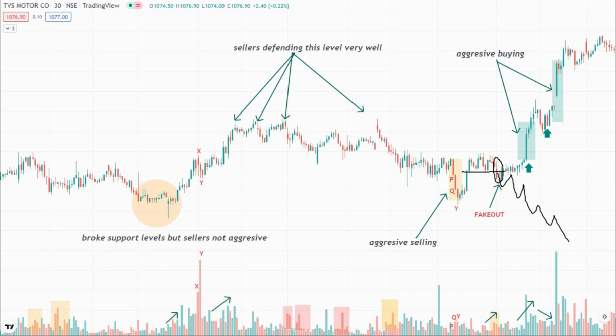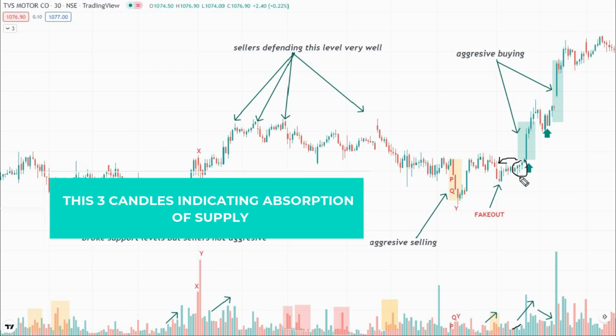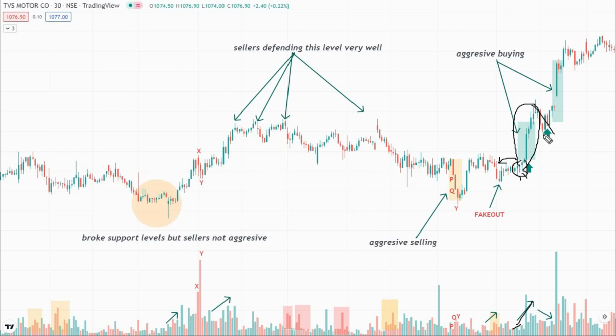Okay, but again buyers are stepping in, and with a slight increase in volume, they are absorbing the supply which is present here, and they are making rejection of lower prices. So then again we see a strong buying pressure with increase in volume, pullback on lower volume, and then continued the upward momentum. So I hope you got very important points in this analysis part.